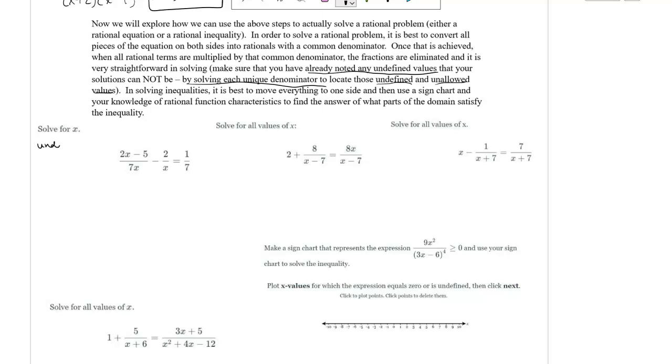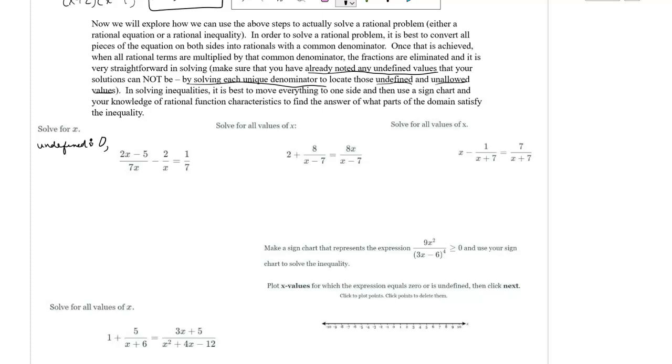So I'm just going to make a little note to myself over here that I see that I cannot use 0 as a solution to this. So if I get an answer that includes x equals 0, I cannot use that solution because I already know it is undefined at 0. I cannot plug a 0 into this fraction or this fraction, and that therefore is an undefined value for x.